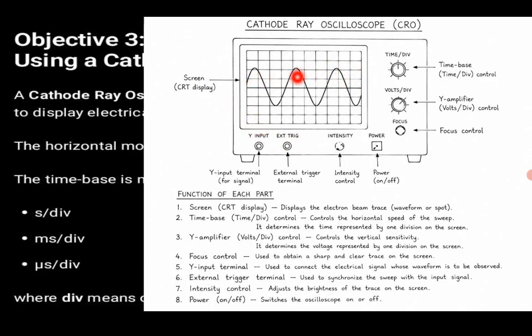Your observations are made on this screen. Just quickly, the screen, which is also called the CRT, the cathode ray tube display, displays an electron beam trace, which is a waveform of a spot. So the spot moves in the form of a wave like this.